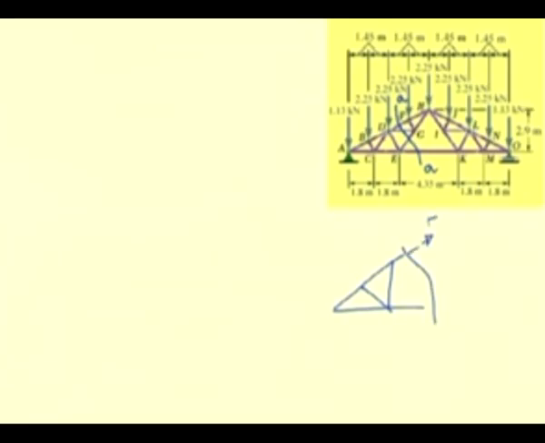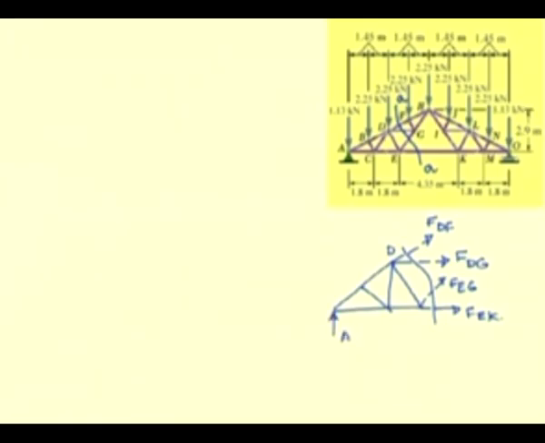We are assuming all forces to be tensile in nature, so they act away from the corresponding joints. We have the force in DG, the force in EG, and the force in EK.